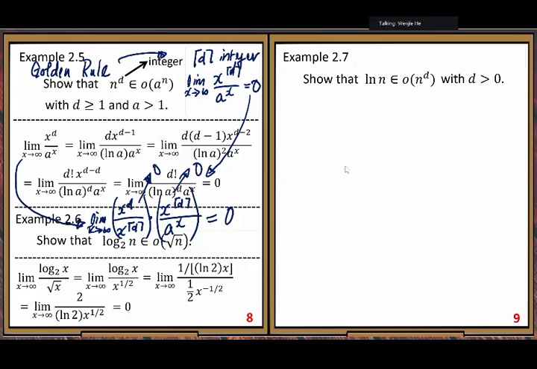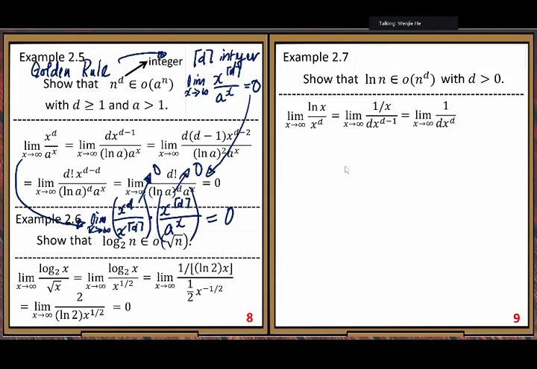How to show it? Let's apply L'Hopital's rule, continuous version, with the same treatment. First we take the derivative, then do the simplification. After the simplification, we get 1 over d times the original power function, x to the d, and we can see the answer already at this point.